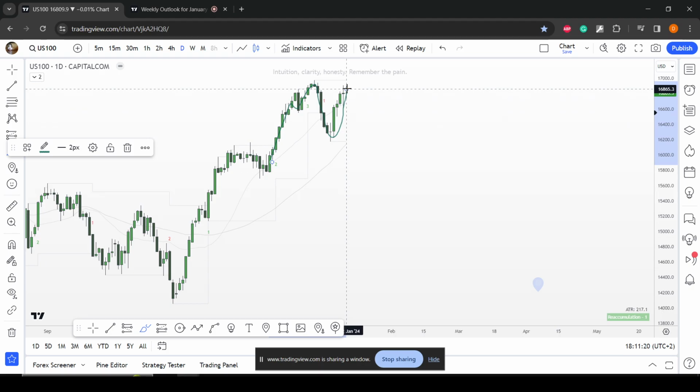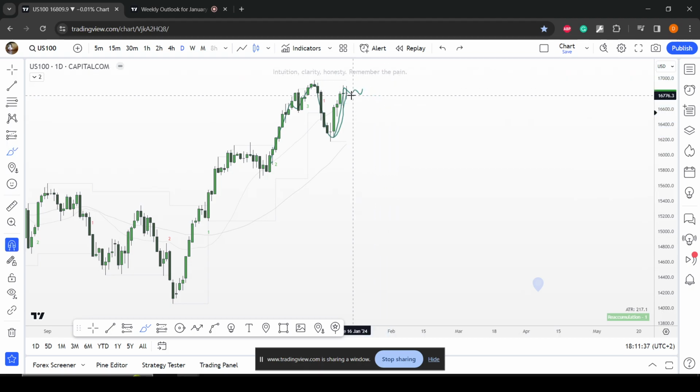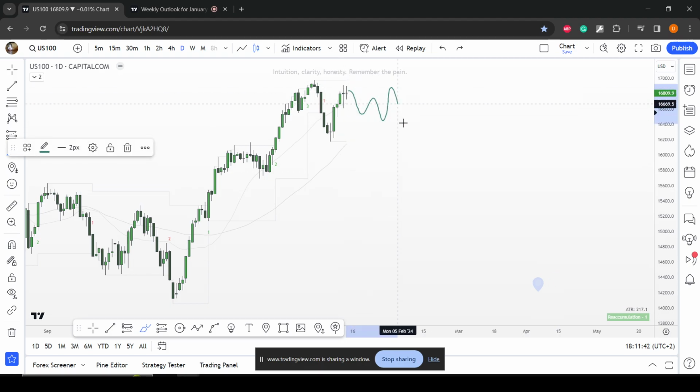So based on this higher time frame, we have two scenarios. Either, I mean, we have a lot of scenarios, of course, but the main one is that the price will continue to do this tightening, and then we will hope for a break to the upside. But if it does not happen, then most likely the price will continue to chop around for some time.